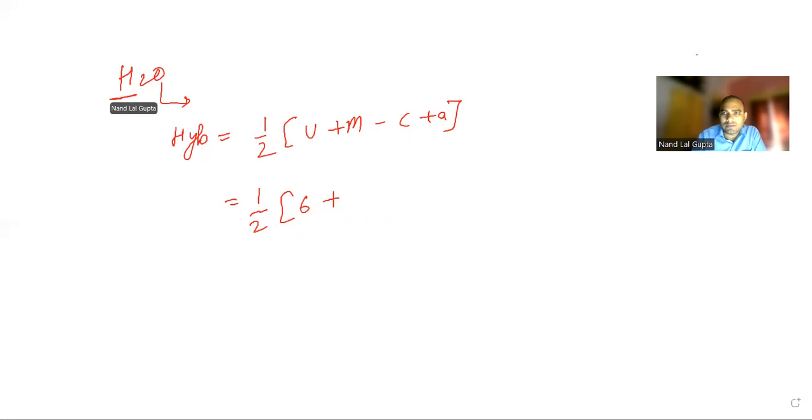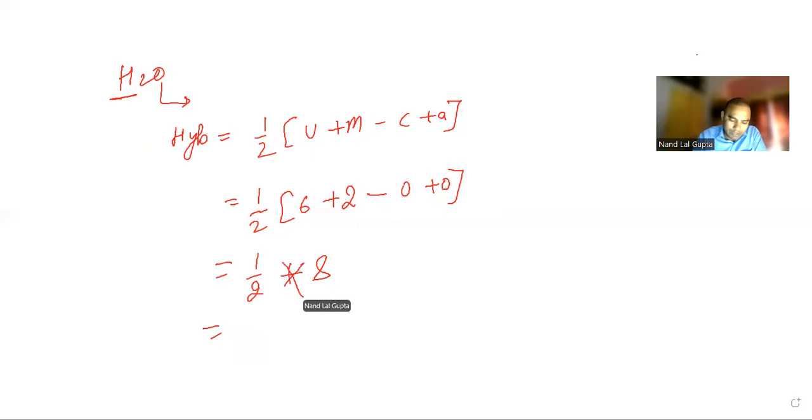Hydrogen forms single bond or double bond? Single. So how many are there? 2. Is there any positive or negative charge in this molecule? No. So that is 1 by 2 of 8. So it is going to be 4.